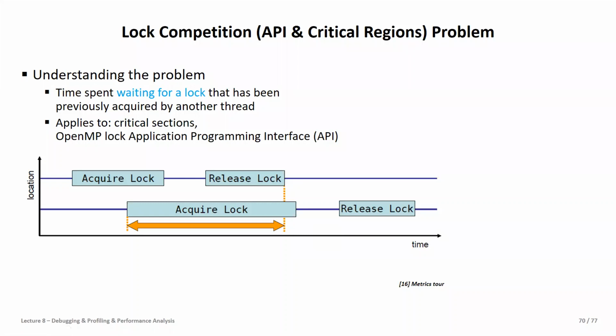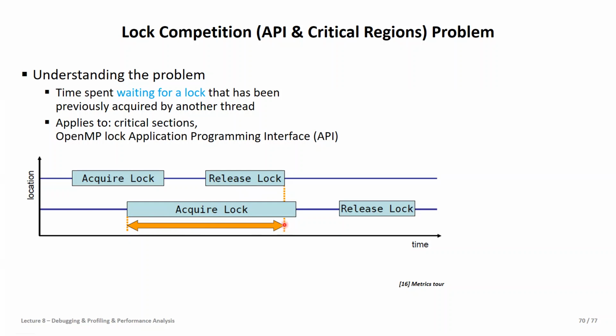Now, a problem, as you know from OpenMP, is the critical regions that we discussed, where you need to really lock certain elements. The lock means you have to acquire locks and release locks. And here it could be that when you want to acquire a lock, but it's already locked by some other processor, you have to wait a long time.